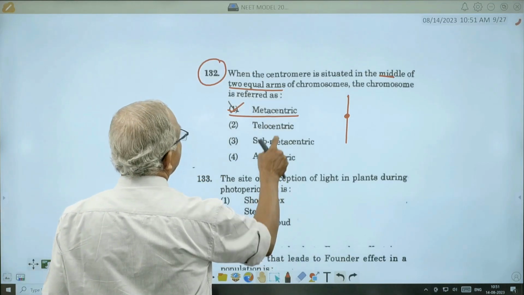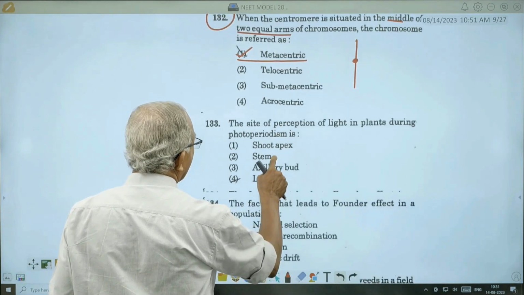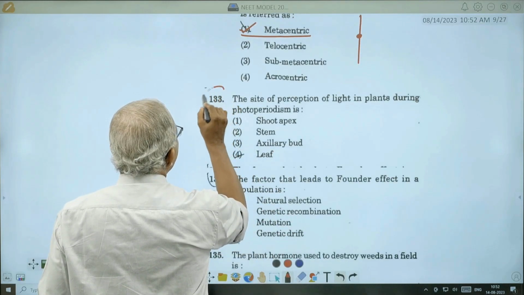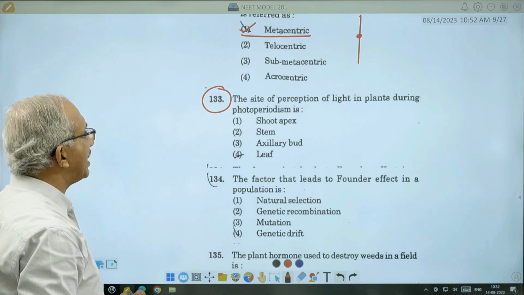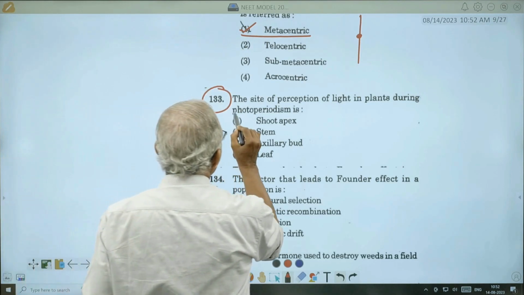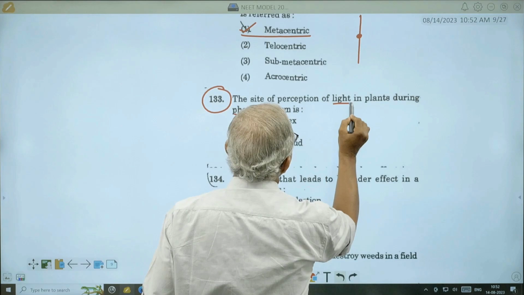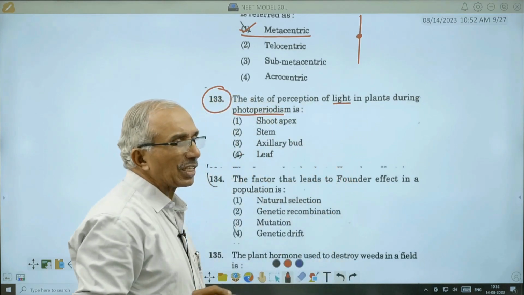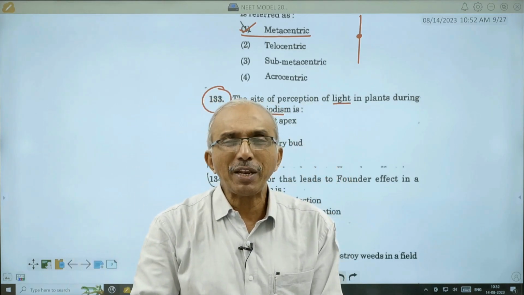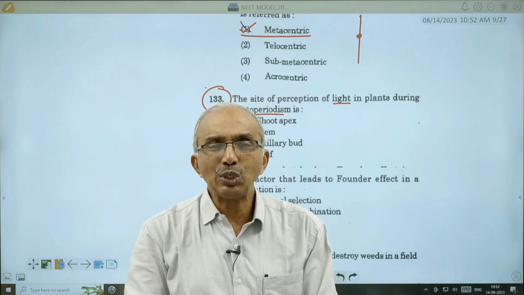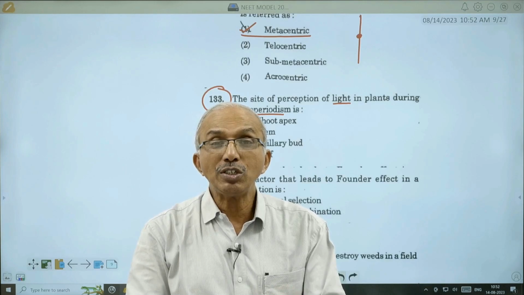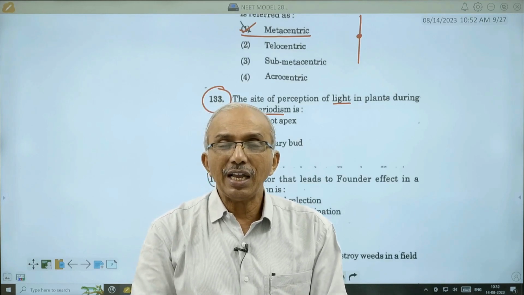Next. Site of perception of light in plants during photoperiodism. Photoperiodism is a phenomenon in which plants show response to light in flowering.